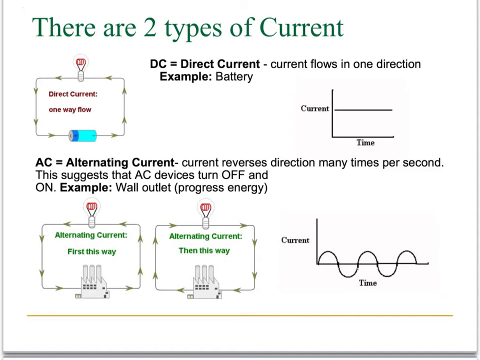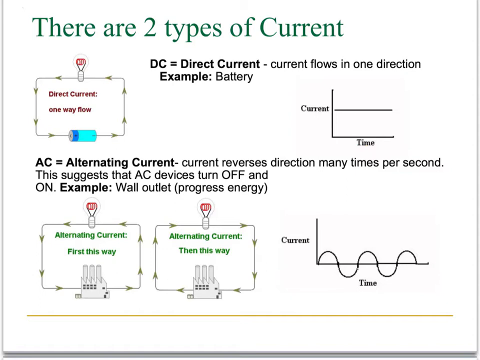Remember, the direction of the current is opposite the direction of the electrons. If we were to graph current compared to time for direct current, we would get a constant, which means our graph would look like a straight line.